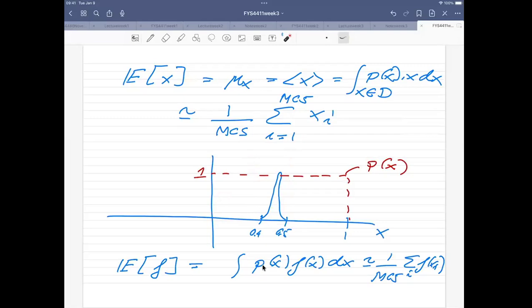So that means that when I'm evaluating this integral, with 1 million points, I'm only having 100,000 points where the value of the function is non-zero. So it means that I'm wasting away 90% of my Monte Carlo cycles, or my suggested moves.